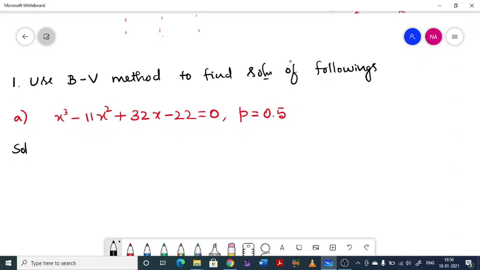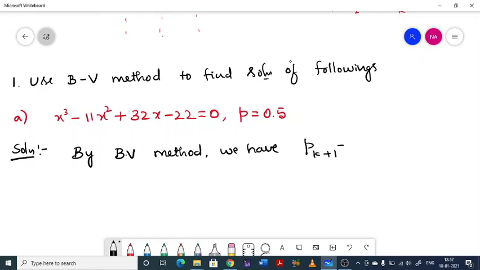Solution. By the Birge-Vieta method, BV method, we have the general formula pk plus 1 equal to pk minus bn divided by cn minus 1, where k runs through 1, 2, 3 and so on.